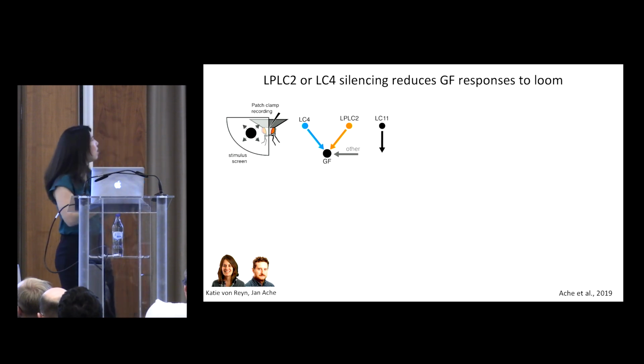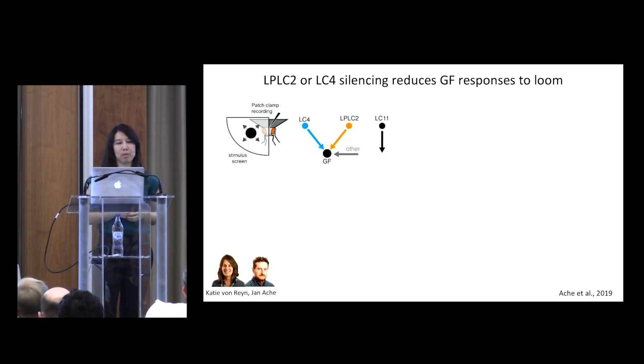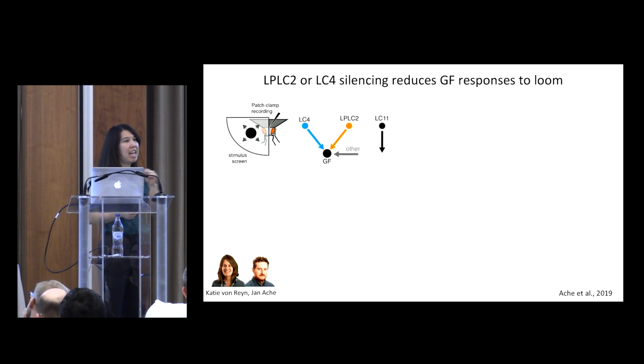And these are our 2 intrepid electrophysiologists, Katie von Rijn and Jan Ache, who performed this work. In a fly that's being exposed to a visual stimulus screen and is freely able to move its legs and wings, so we could monitor its behavior, they're able to go in and target the giant fiber for recording in flies in which either of these inputs have been silenced.